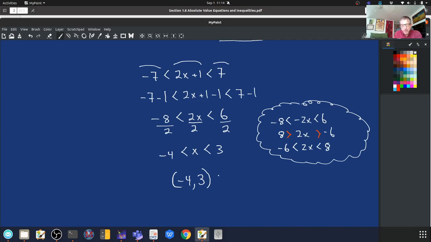So if you think about it, you can figure out whatever rule you want. One rule is, well, you change the sign. If you multiply all three sides by a negative, the sign of the middle term goes positive, but the 8 moves to the far end and becomes positive, and the 6 moves to the other end and becomes negative.